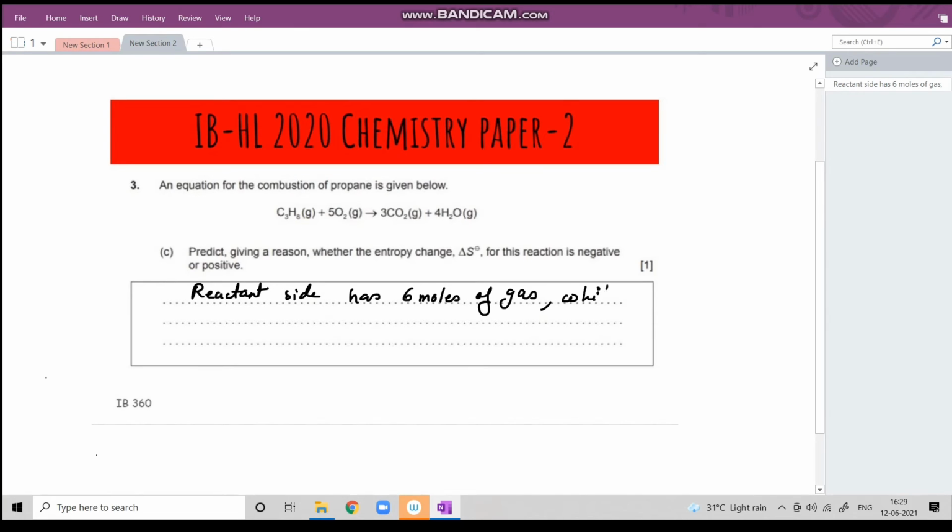The product side has 3 moles of CO2 and 4 moles of H2O, so 7 moles of gas.